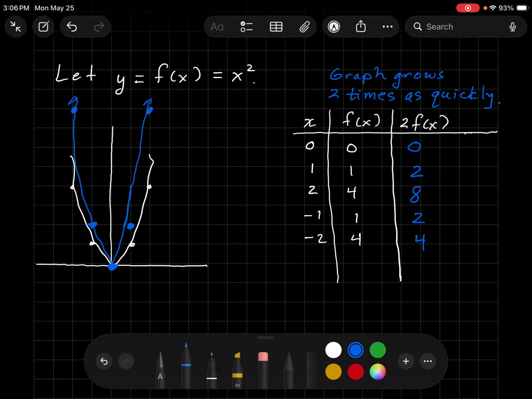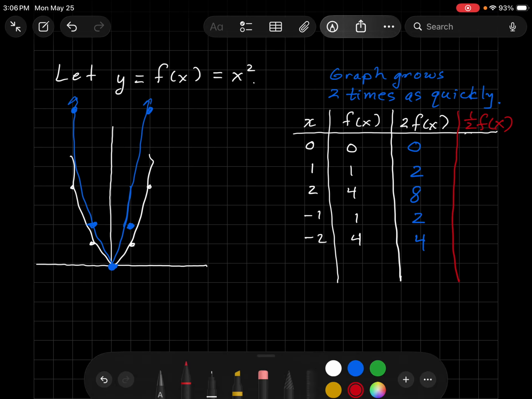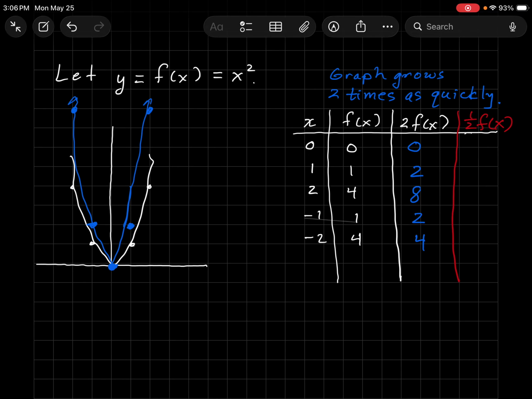Now, what if I wanted to do something like 1/2 f of x? Again, we could go through and take our original values of y and multiply them all by 1/2.